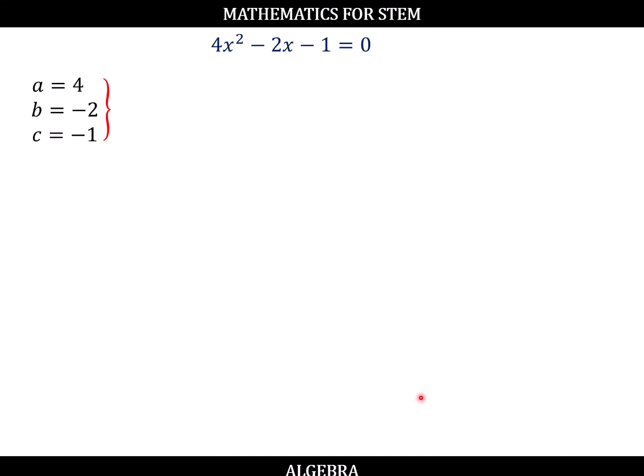And we're going to substitute these values into the quadratic formula. x equals minus b plus or minus the square root of b squared minus 4ac all over 2a. Now, if b equals minus 2, that means minus b will change to a plus 2. So x is going to be plus 2 plus or minus the square root of minus 2 all squared minus 4 by 4 by minus 1 all over 2 by 4.